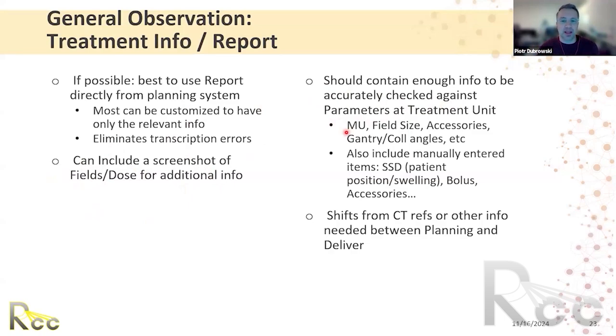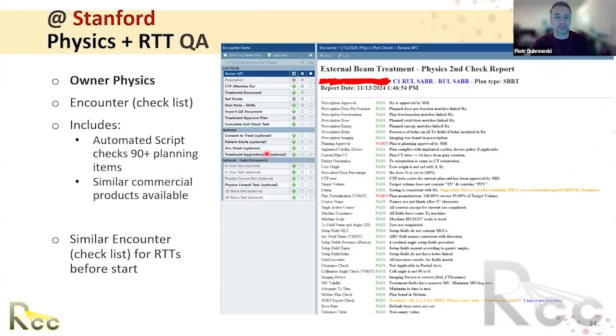So you have to include things like MUs, field size, etc. The shifts from the planning CT are very important. And so that and any other info should be clearly noted, right? There's a lot of things that go from the planning side to the actual treatment side that if it's not clear, it can lead to very big problems. So that transition has to be very, very clear.